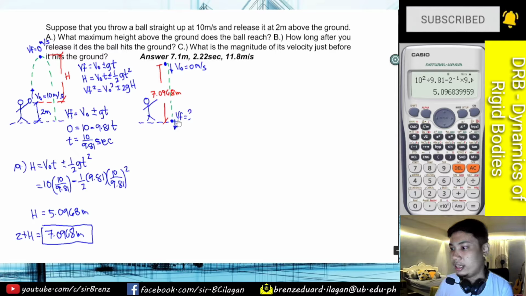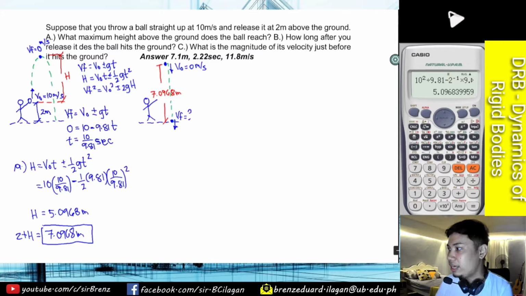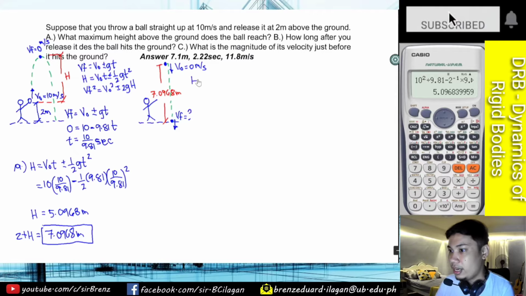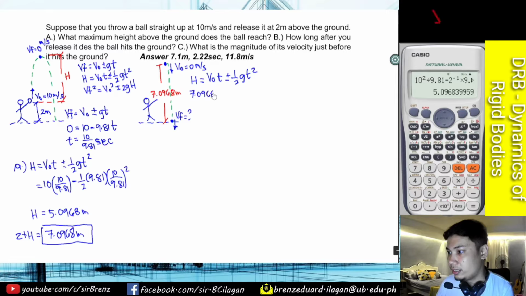So, hindi kasi natin alam yung final velocity. So, we will use the second equation. So, that will be h is equals to VOT plus 1/2 of GT squared. Okay? So, knowing that h is equals to 7.0968.